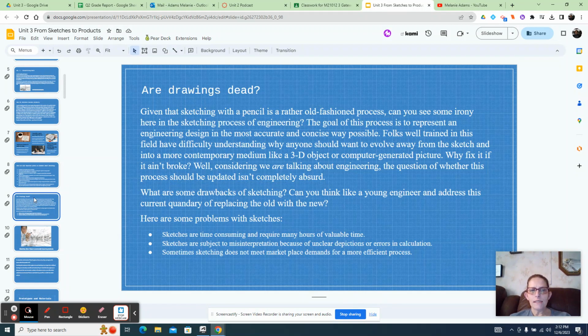And then, are drawings dead? Please know they are not dead. Sketches are time consuming, and these are the problems with sketching, but they are very important for 3D objects and computer-generated picture projects. I use them for green architecture sketches when I build houses, and then I use those to put them in Revit drawings.